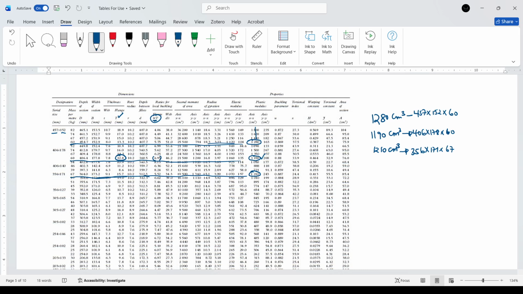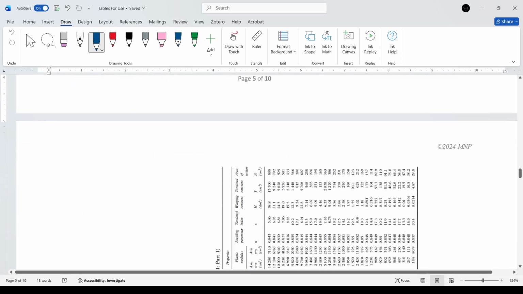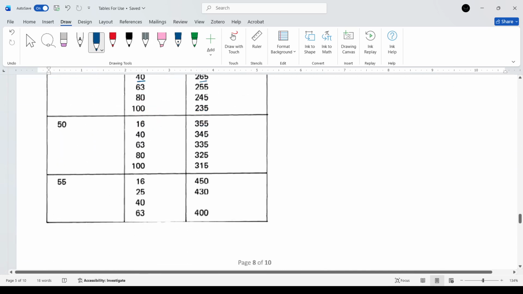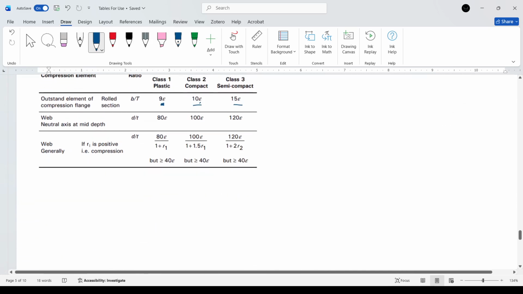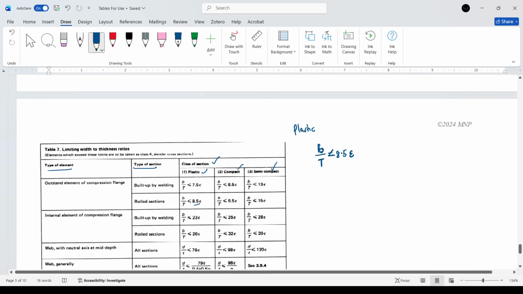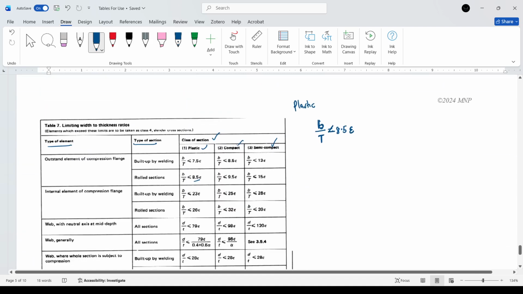So B over T is 6.95. From our table 7, how can we classify it? Let us use this one. Is it less than 8.5E?